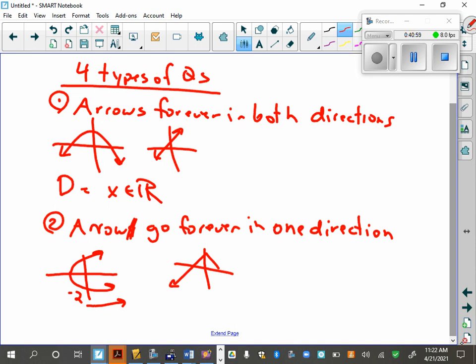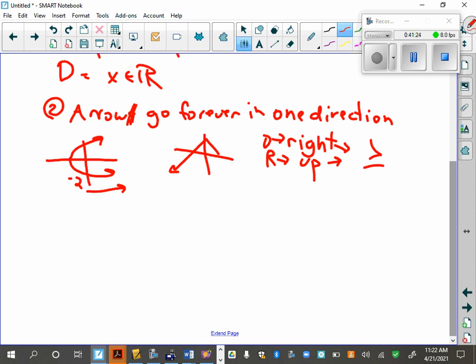If the arrow's going to the right for the domain, or for the range, if it's going up, you're going to use the greater than or equal symbol. So in this case, this is -2 and to the right. So this is x is greater than or equal to -2.